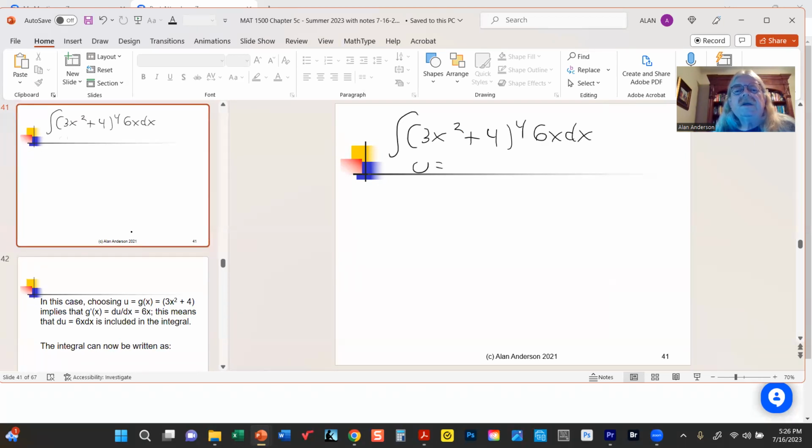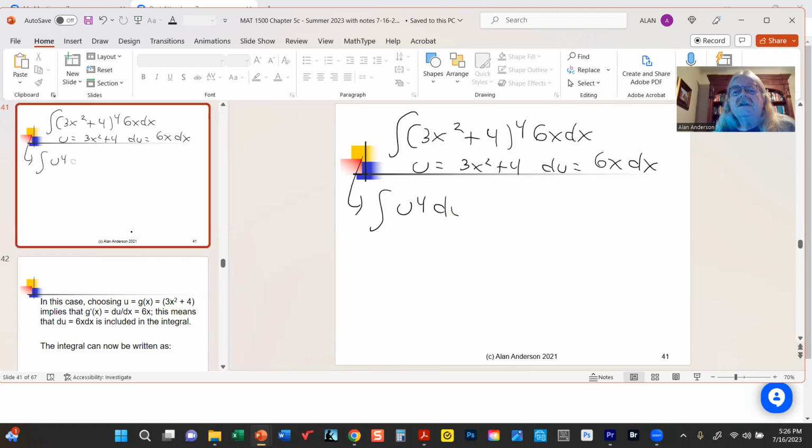We've chosen u to be 3x squared plus 4, so that du is 6x dx. So this expression could be rewritten as u to the 4th power times du. And now it's just a simple power rule problem.